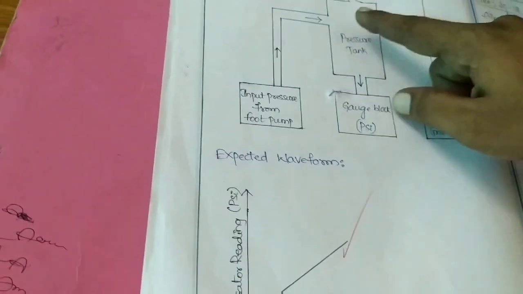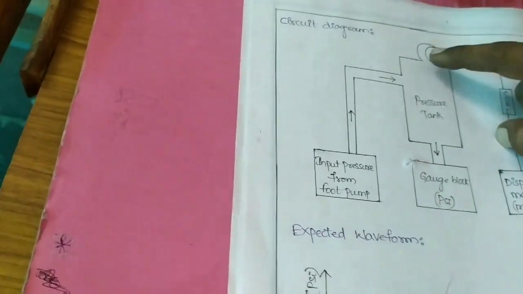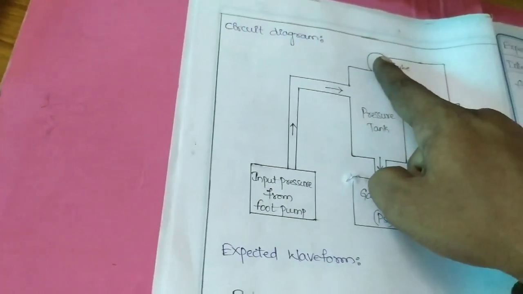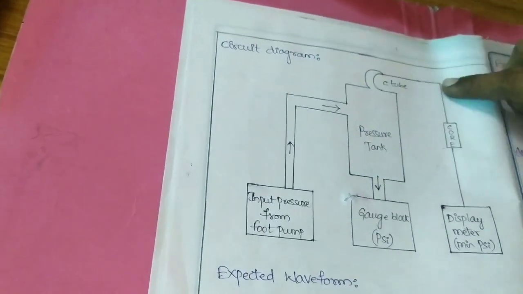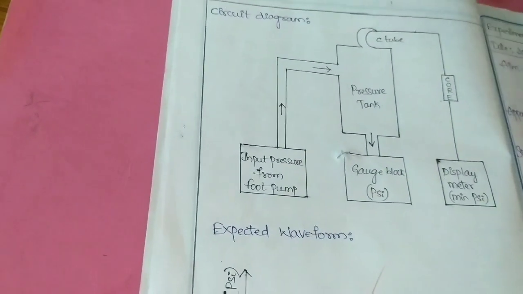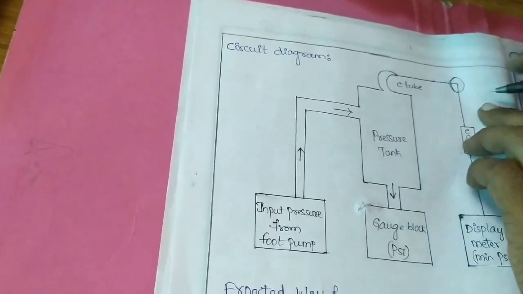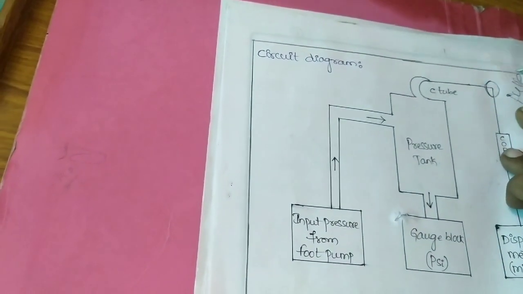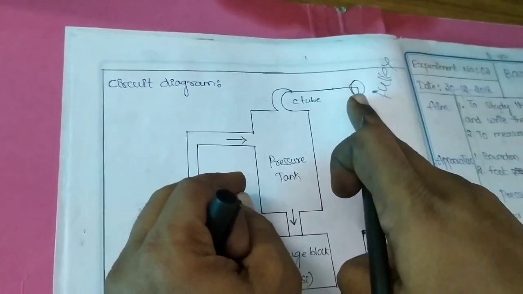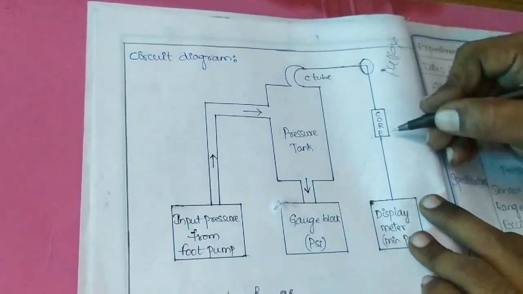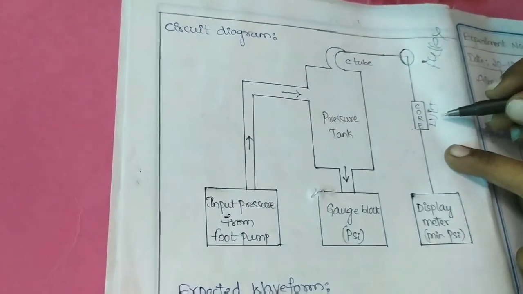Now, this C tube is like this. There will be two ends for this C tube: this is the first end and this is the second end. The first end is connected to a pulley, a mechanical arrangement. From the pulley it is connected to the LVDT, the secondary transducer.